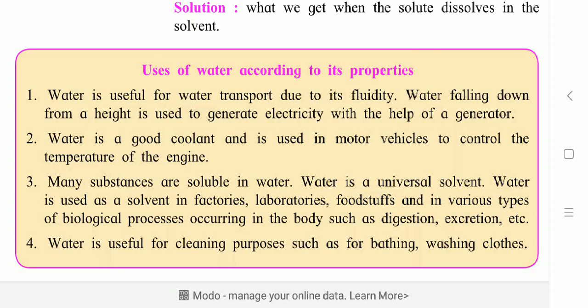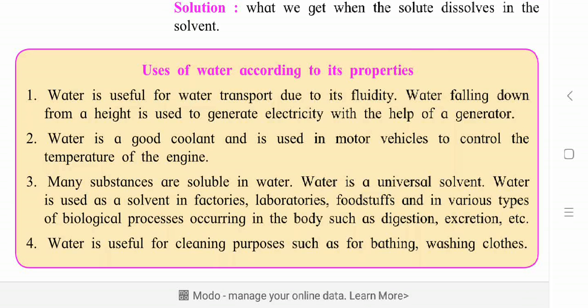Water is used as a solvent in factories, laboratories, foodstuffs, and in various biological processes occurring in the body, such as digestion, excretion, etc. Water is not only used inside our body, it is mixed in food for cooking, and what we drink is used for digestion and blood preparation.